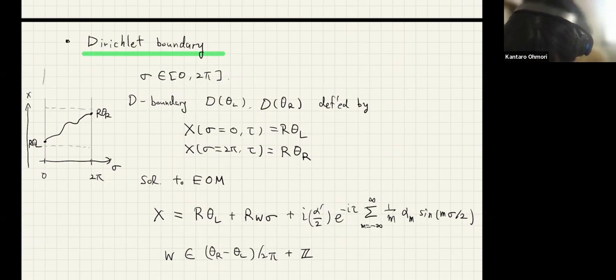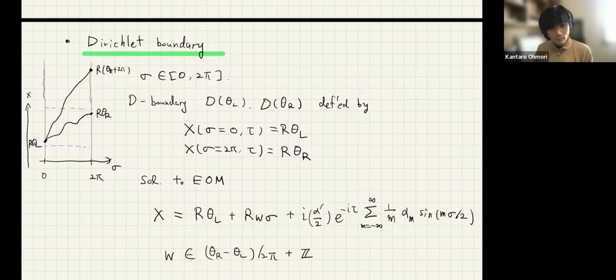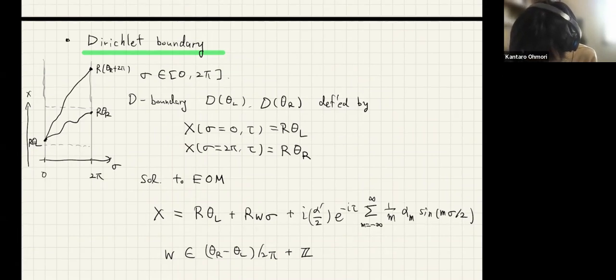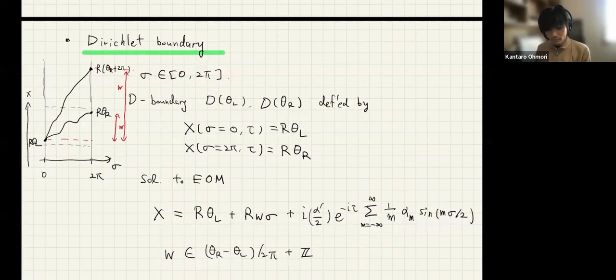So there's a periodicity. Here is R theta R plus 2 pi, and this string is also fine. And with this parameterization, the W is this, or this.